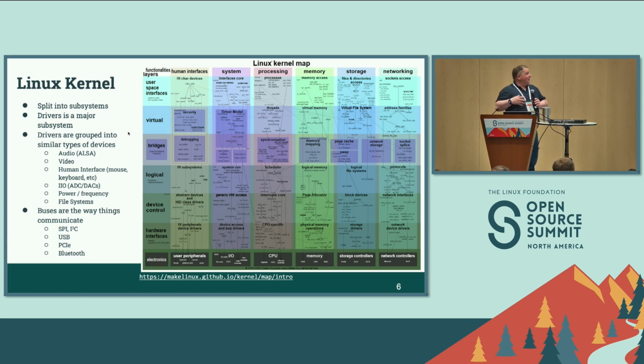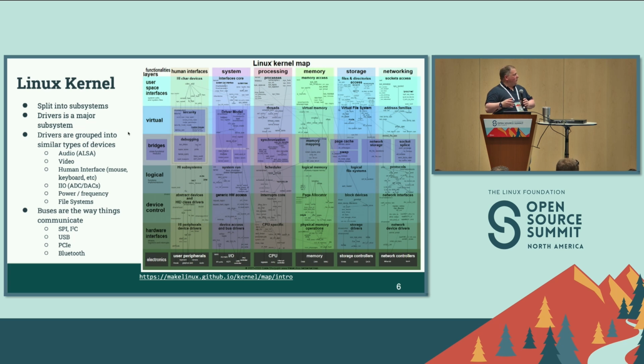Now, that doesn't mean the Linux kernel isn't complex. There are a lot of different subsystems in the Linux kernel, from device drivers, to the memory managers, to buses, to SPI, to I2C, to USB.